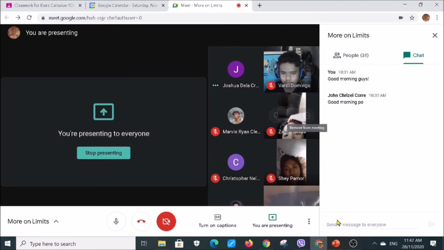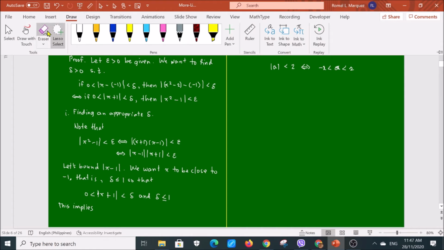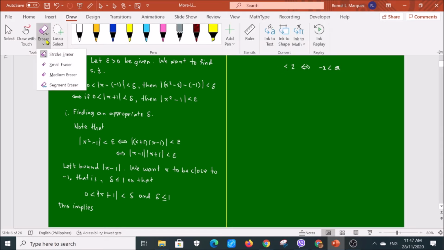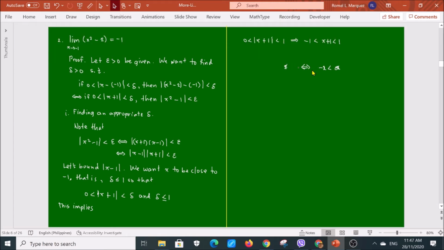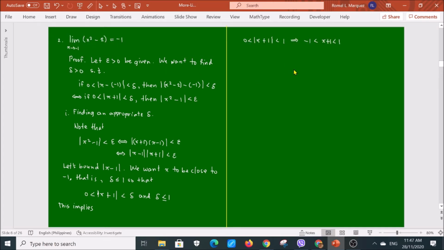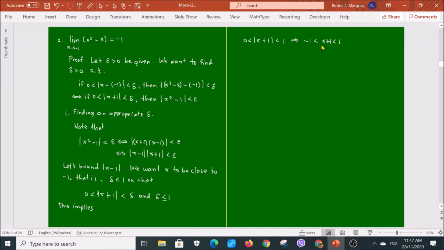Still joining? Let me erase this now. So again, if I remove the absolute value, x plus 1 is between negative 1 and 1.